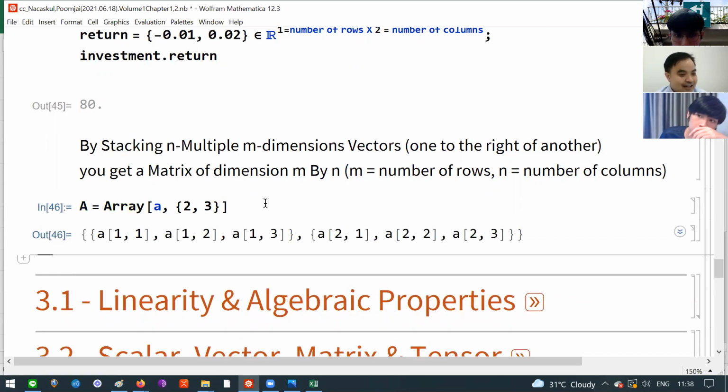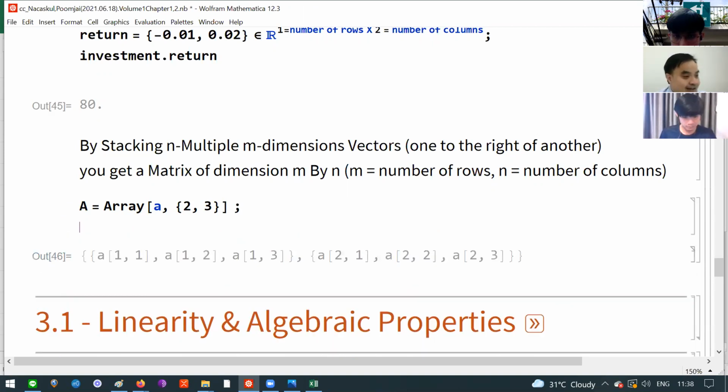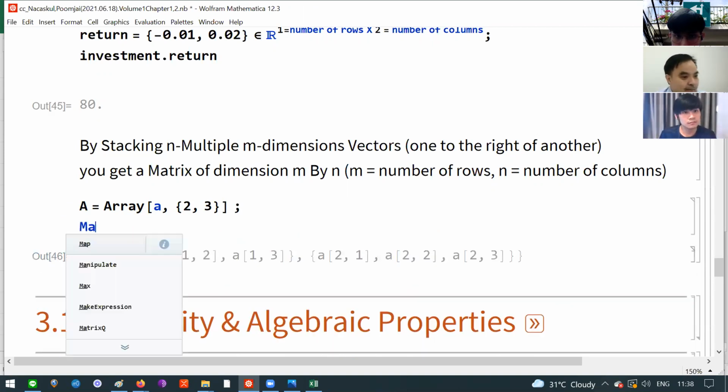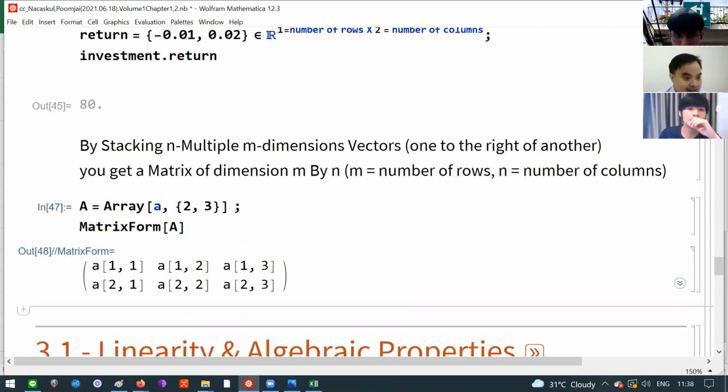Now it doesn't look very nice, so I'm going to write it in matrix format. See that? How many rows is that?